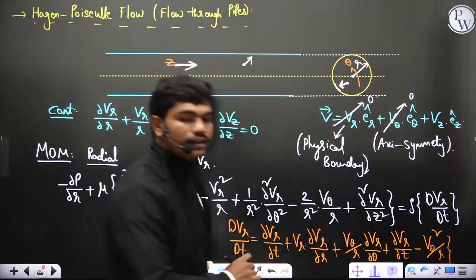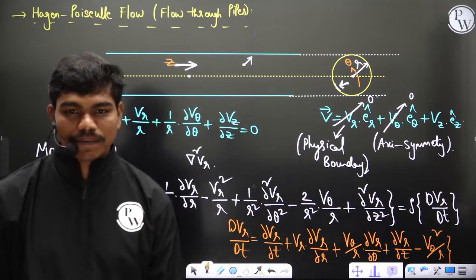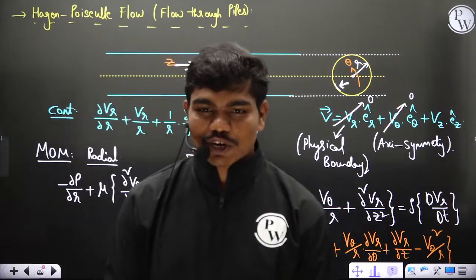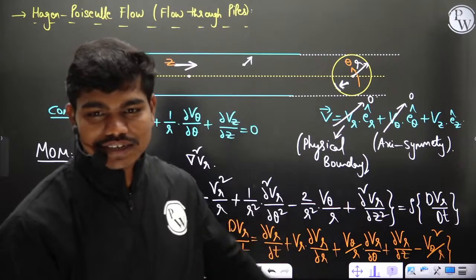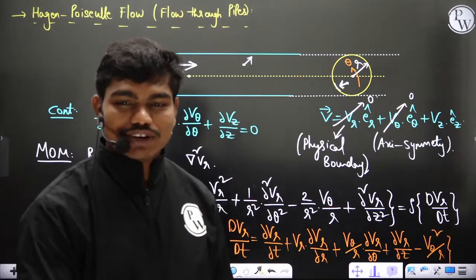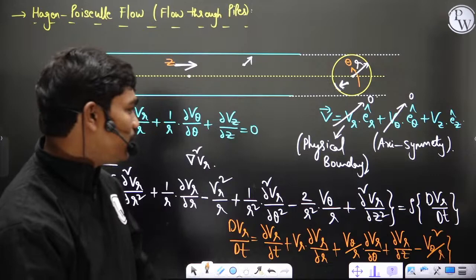This is what you have. Clear? So this is the Navier-Stokes equation. Is this equation important for GATE? Not at all. I'm just showing you how this comes.